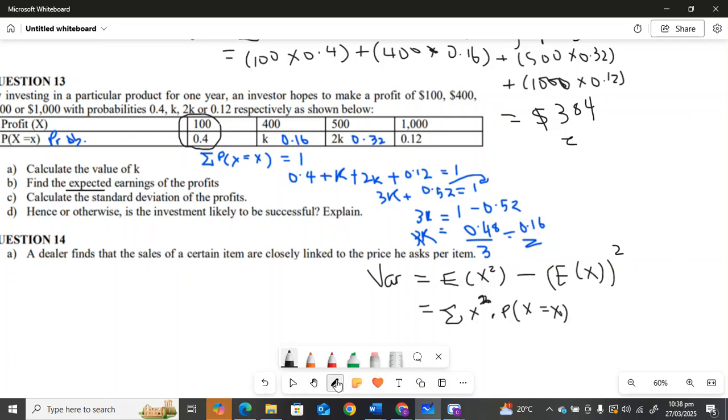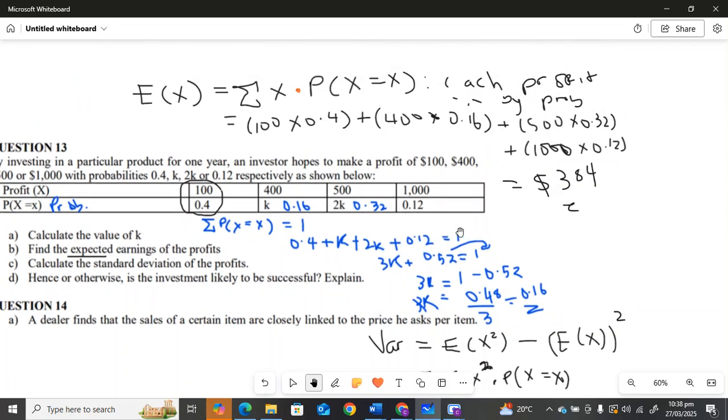Now, colleagues, not to confuse you, remember here E of x is the summation of x multiplied by the probability. So when you attach a squared here, you're just putting a squared on the x. Just remember, if E of x is the summation of x times P of x, then if you put a square on the x, it just means in the formula put a squared here.